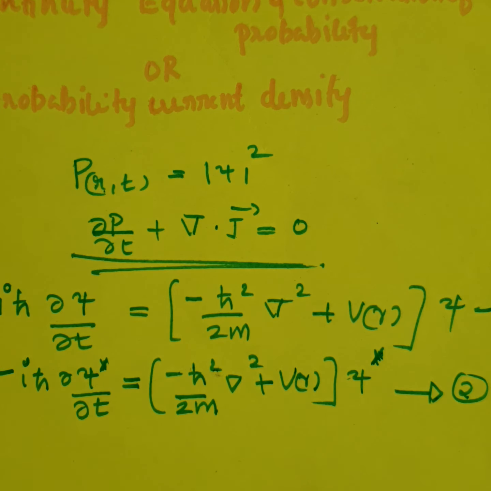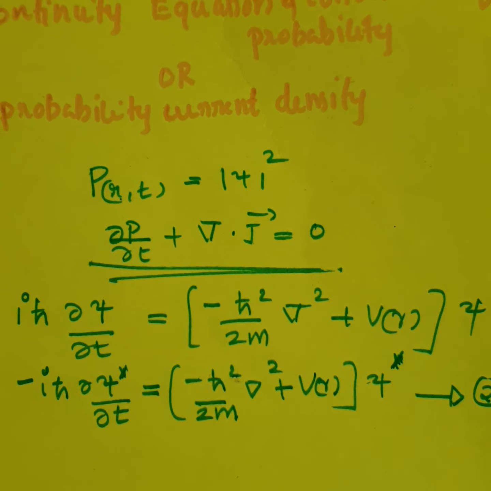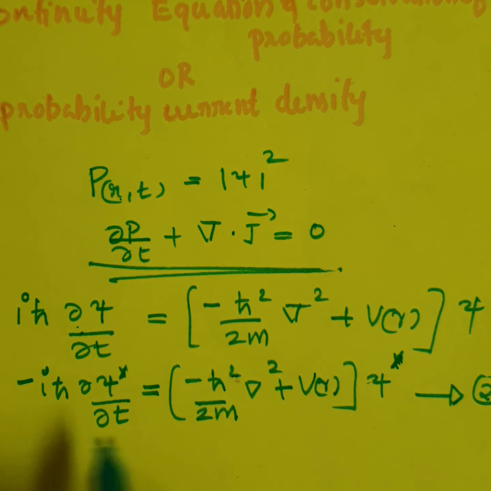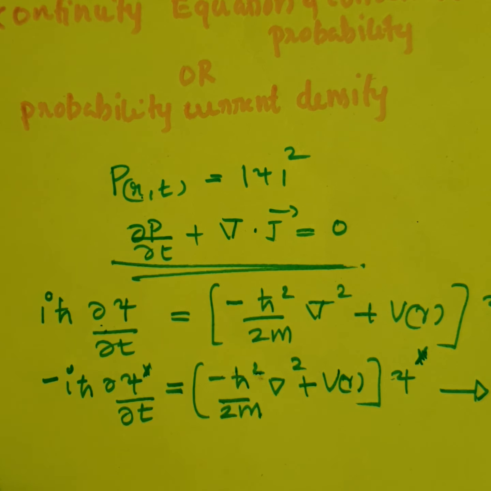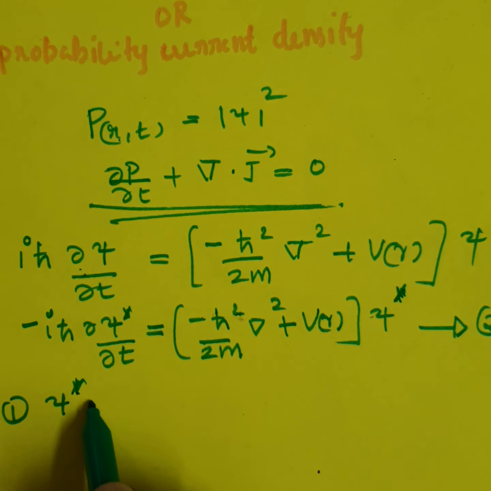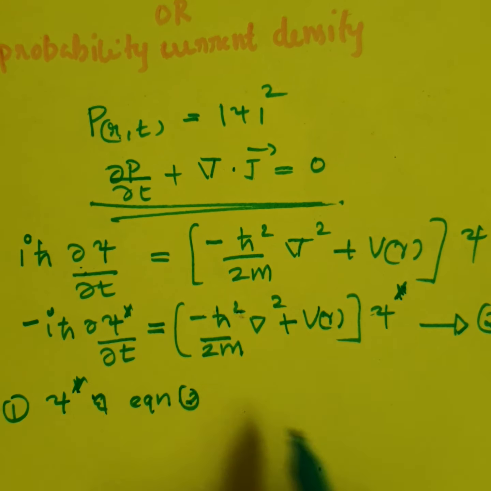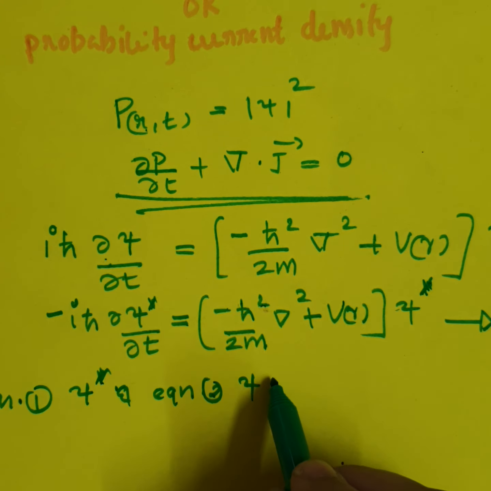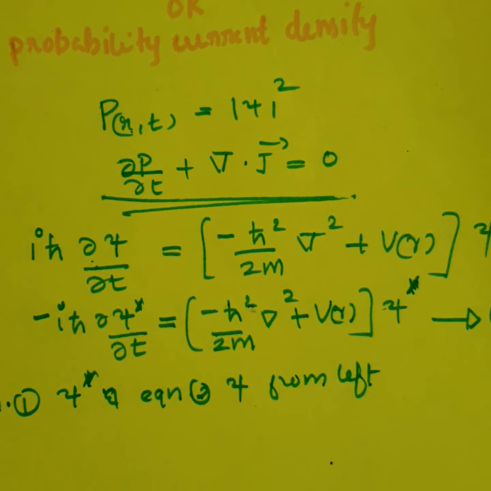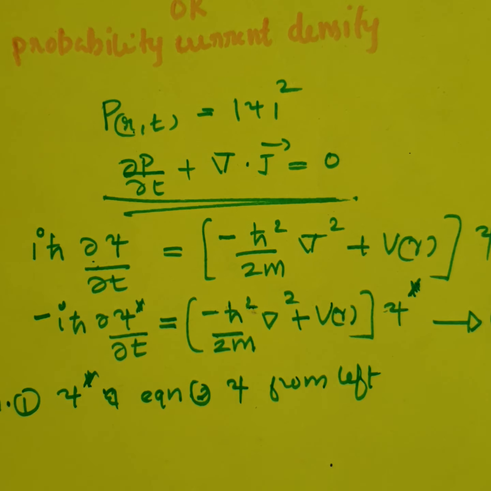These are the two equations we get from Schrodinger's basic equation. Then we multiply equation 1 with psi star from the left, and equation 2 with psi from the left.